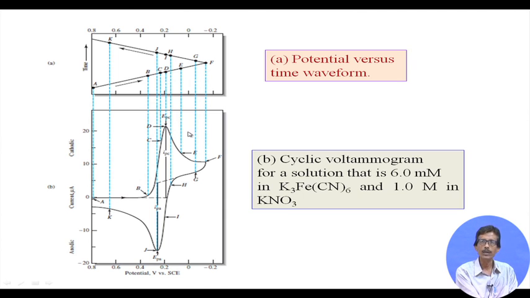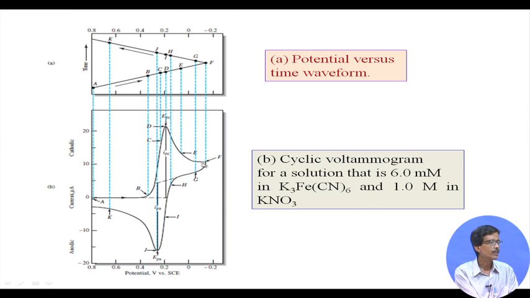Since it is a reduction wave, we get the maximum of this plot as the EPC. When we reach from A to F, everything on the electrode surface, the ferricyanide ion, will be reduced to ferrocyanide ion, as we have seen.